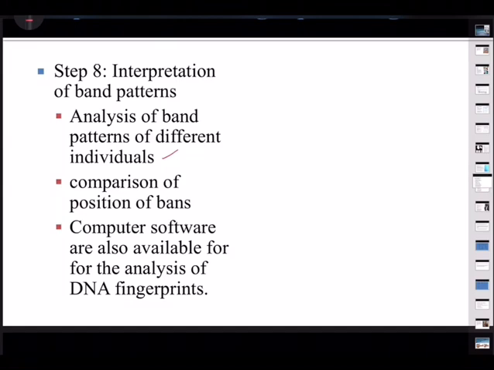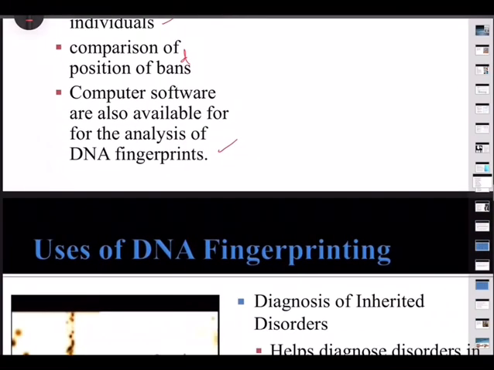So different people's patterns, analysis of band patterns, comparison of position of bands, so where exactly the bands are. Computer software is also available for the analysis of DNA fingerprints, so comparison will be there.